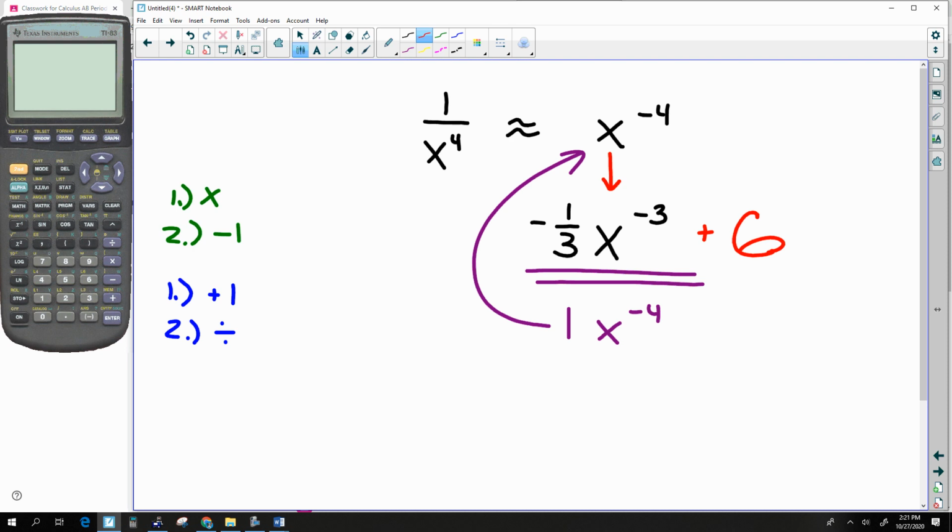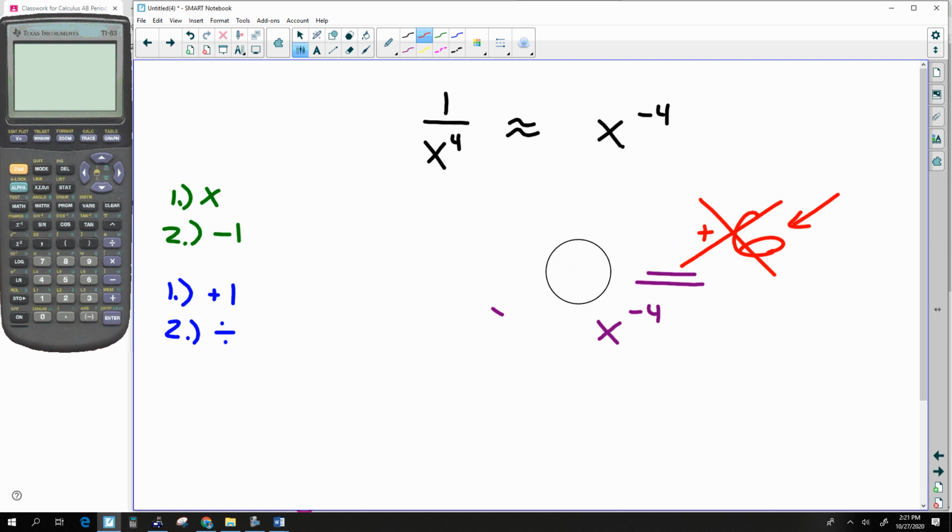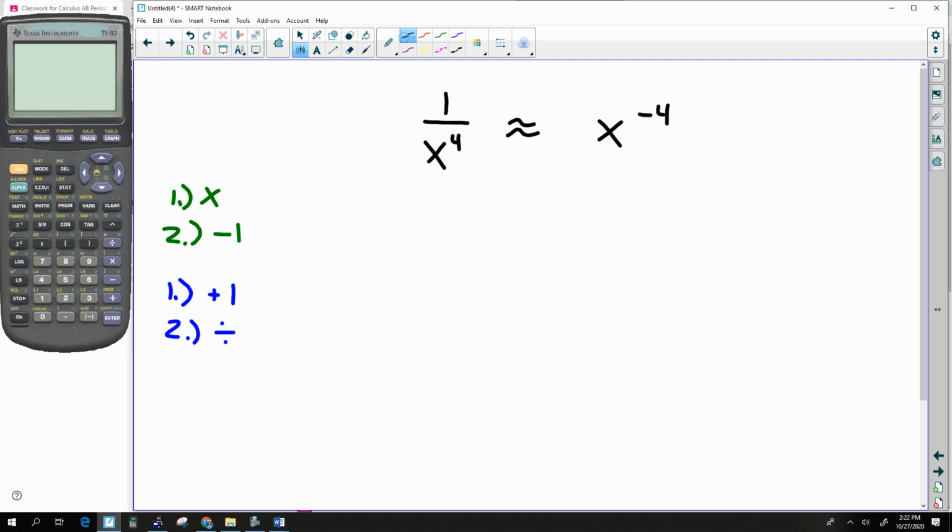If I take the derivative of 6, it just goes away. So who's to say that that 6 didn't exist once upon a time? So if you take an antiderivative, you do all the hard stuff, and then you add this generic plus c at the end.